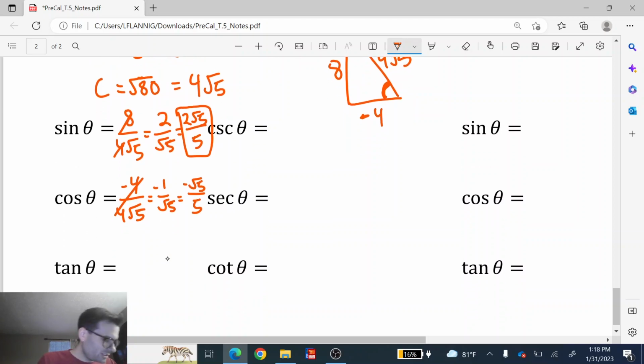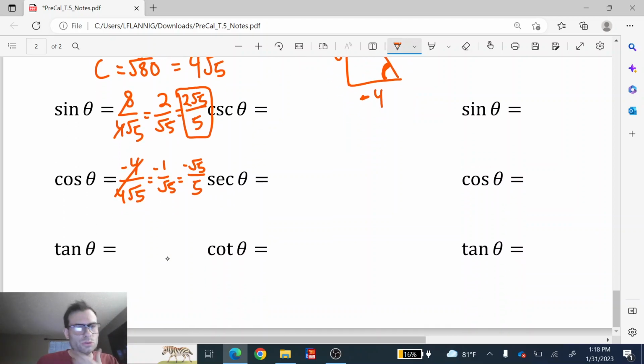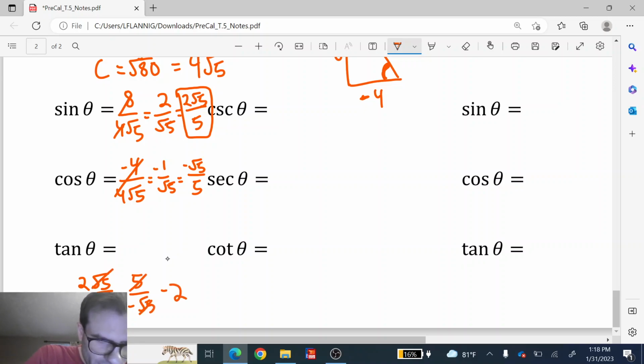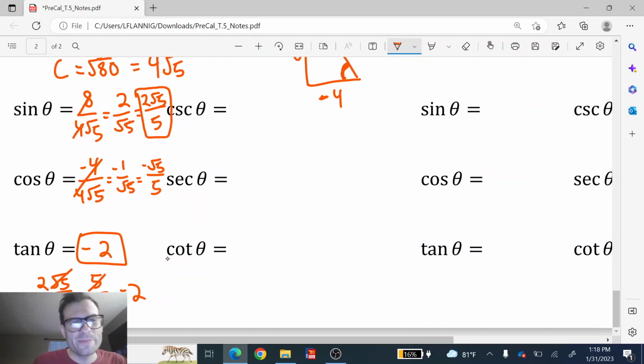And the tangent then is sine over cosine. So 2 root 5 over 5 times the reciprocal of that, which is 5 over negative square root 5. These cancel out, leaving you with just negative 2. I like the cancellation, makes things a lot easier.